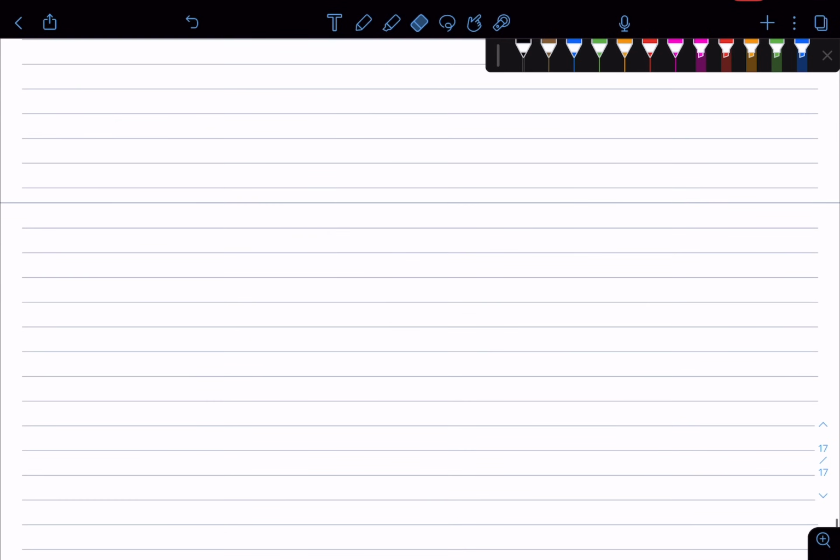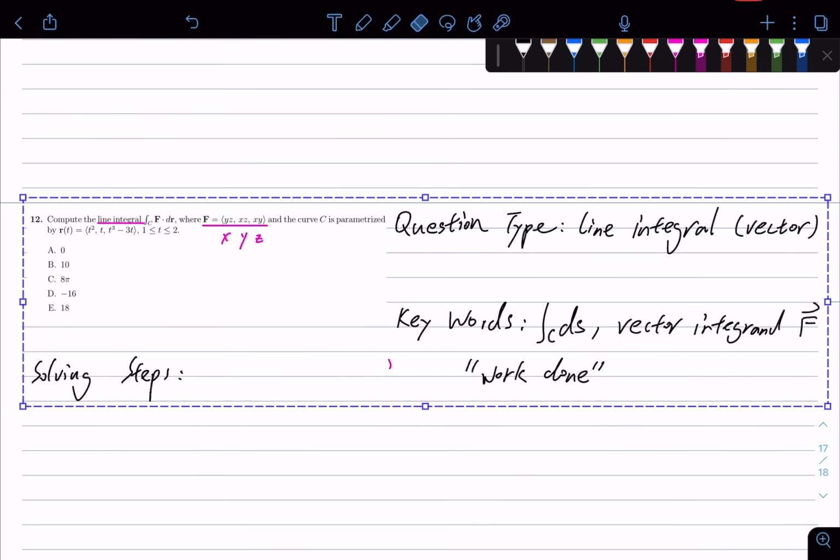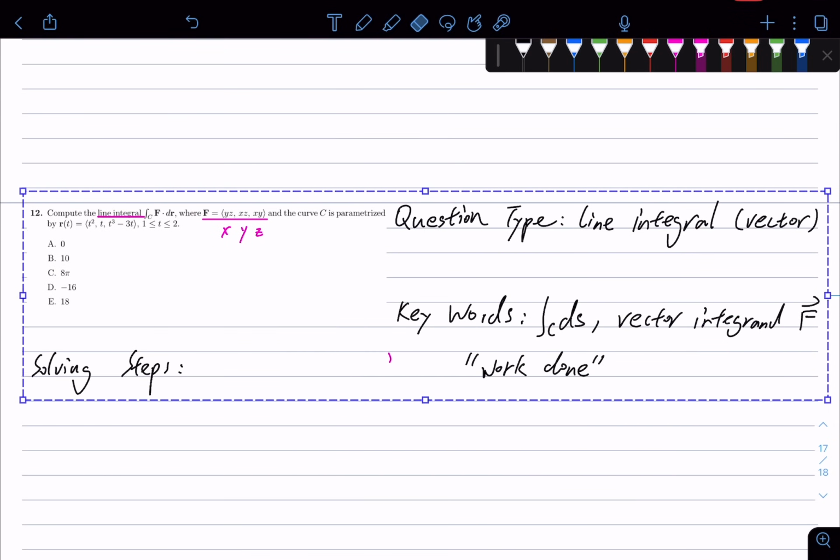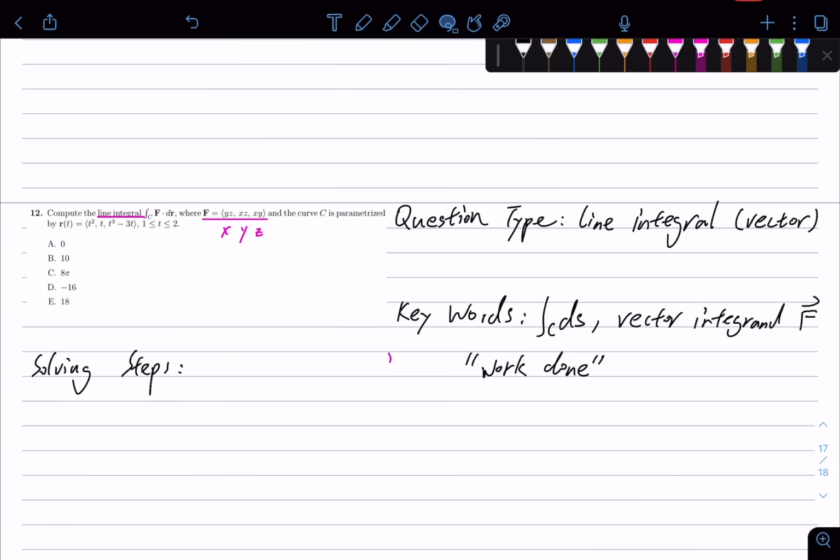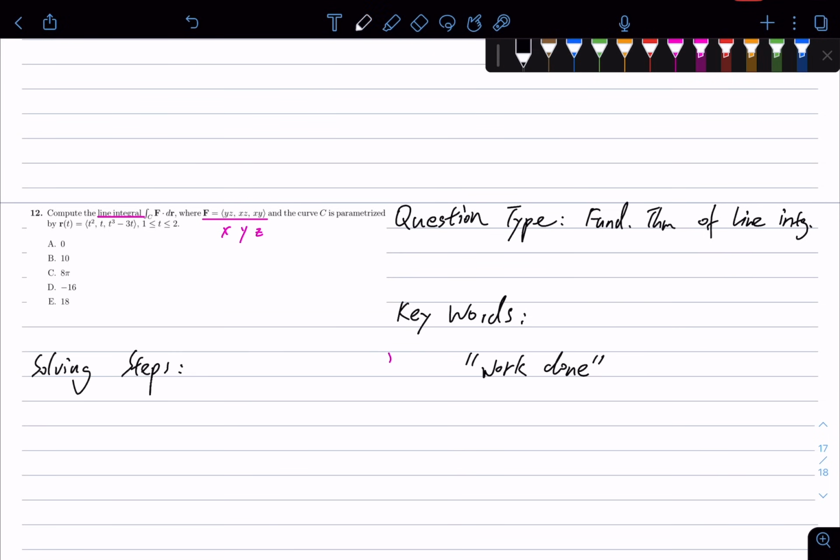This is a fundamental theorem of line integrals. So the key word is it has to be a line integral in a vector field problem.